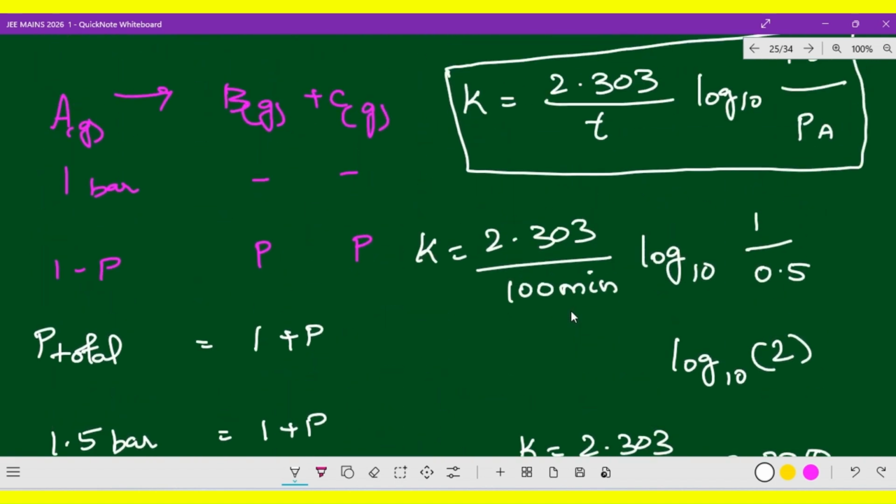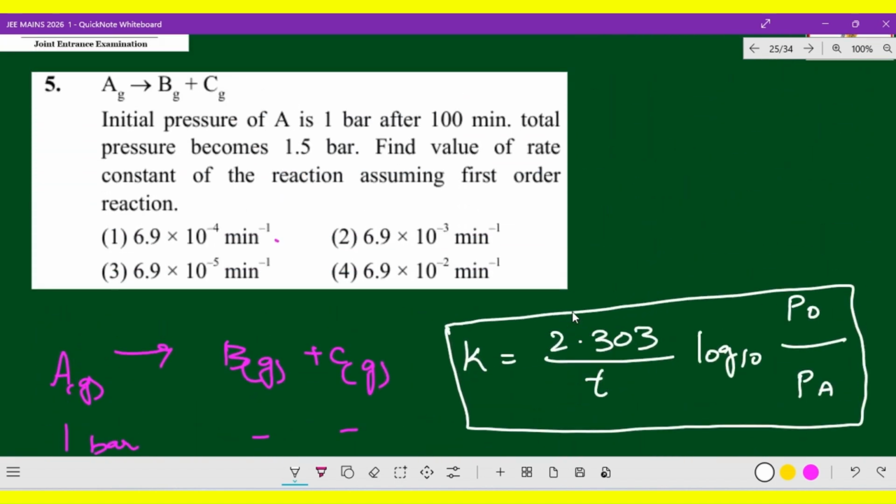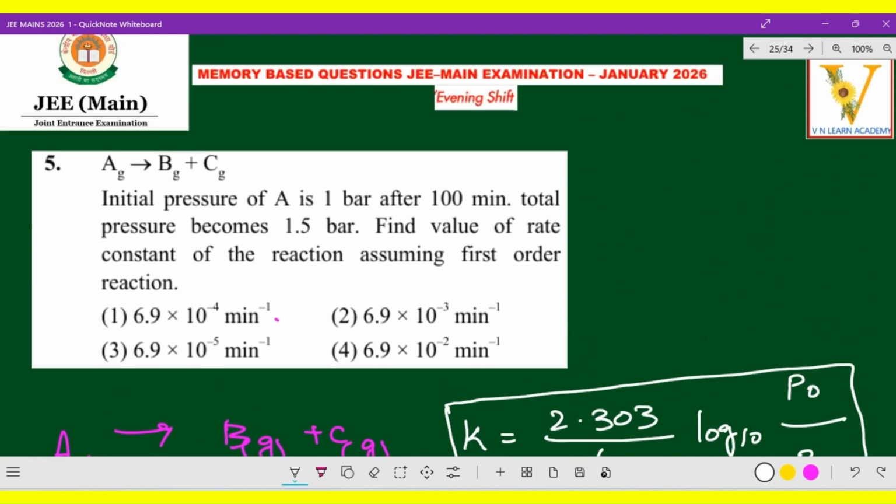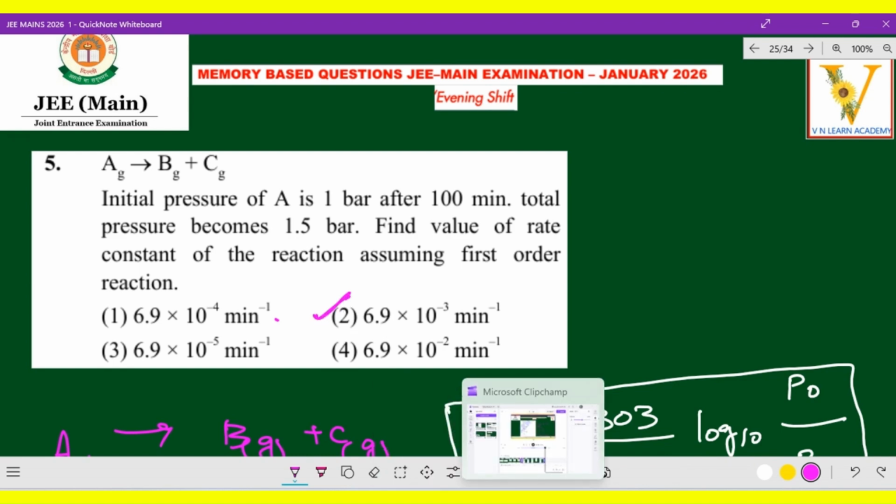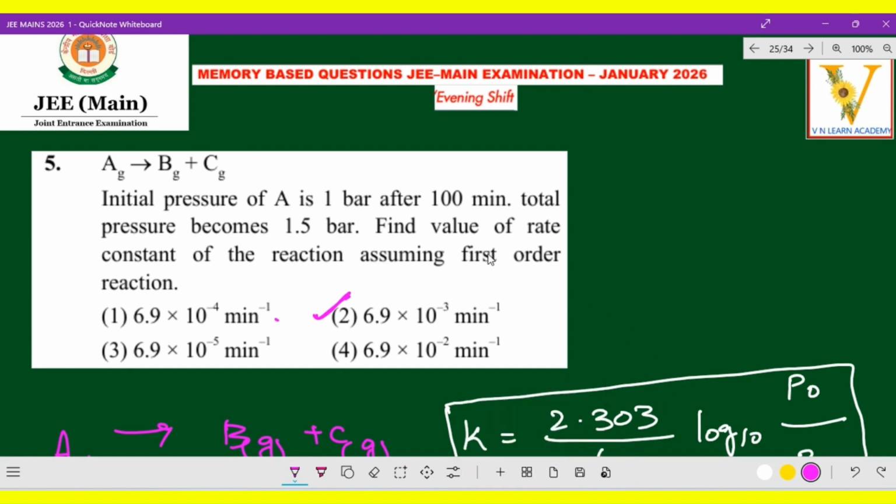So which is the correct option? Option 2. I hope you got the clarity. Simple, they are asking about first order reaction; you apply the values and you get the answer. Come on, let's go to the next question.